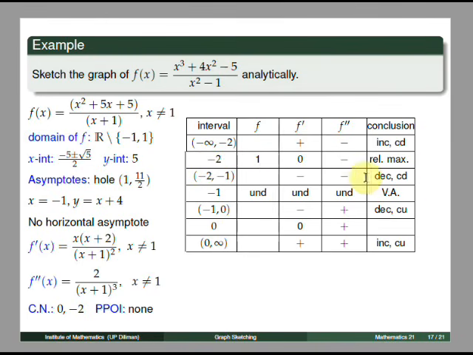Now, x equals 0. Since we have changed from decreasing to increasing, at x equals 0, we have a relative minimum. So we substitute again 0 on our function to get the point. So we have 5. Nice. So we're done with the table of signs.